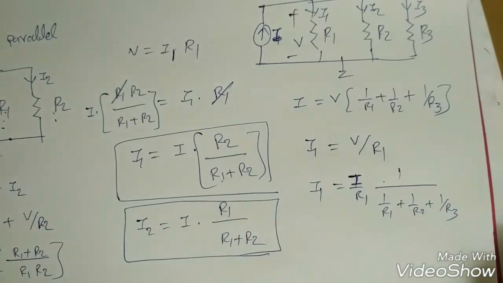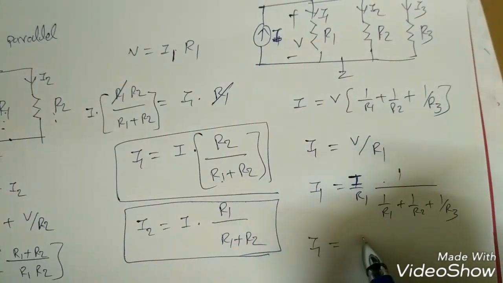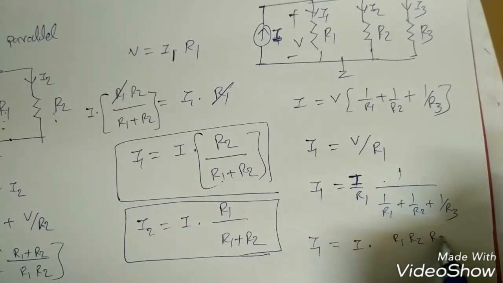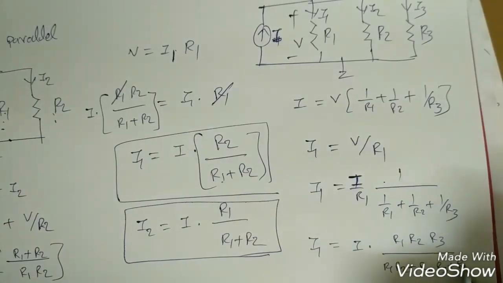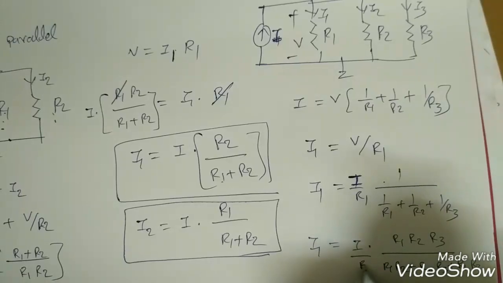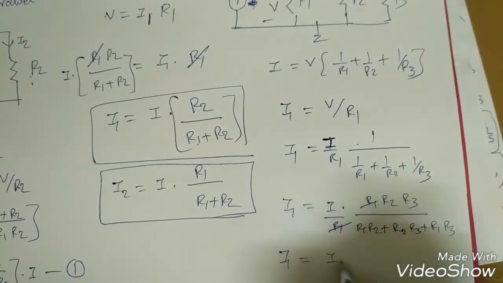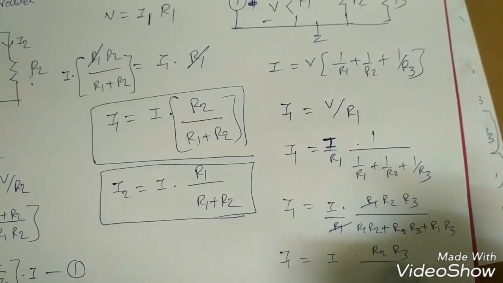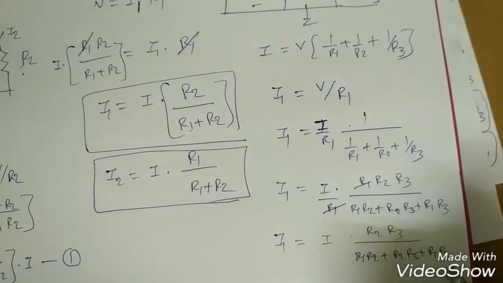It's very simple: I1 is equal to I into R1 R2 R3 by (R1 R2 plus R2 R3 plus R1 R3), by R1. R1 and R1 cancel, so I1 is equal to I into the opposite resistances' multiplication, R2 R3, by (R1 R2 plus R2 R3 plus R1 R3).